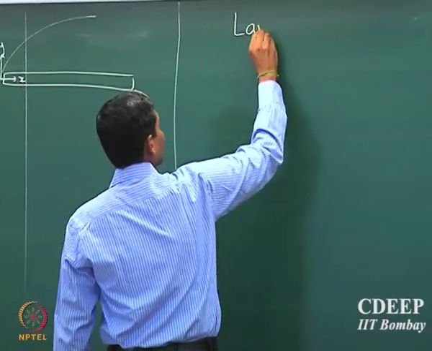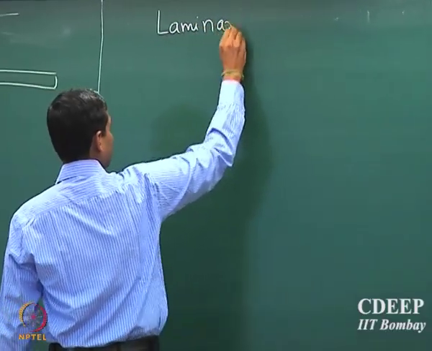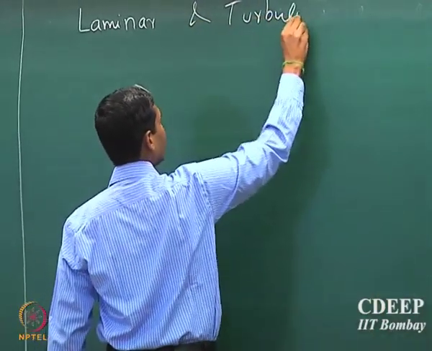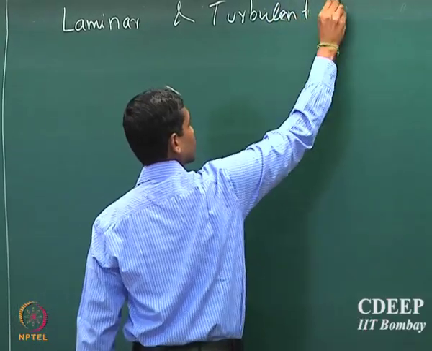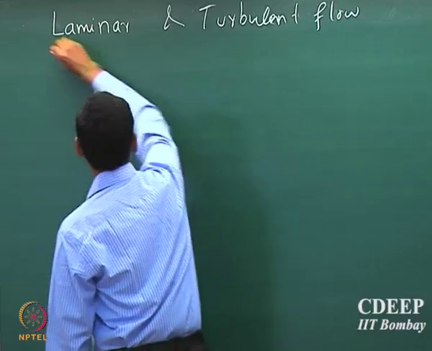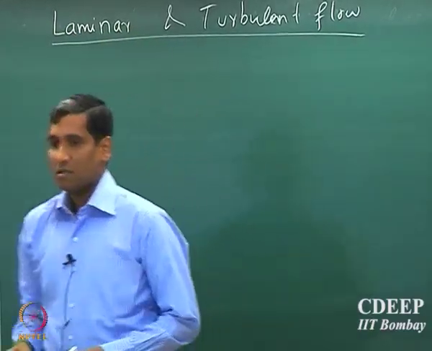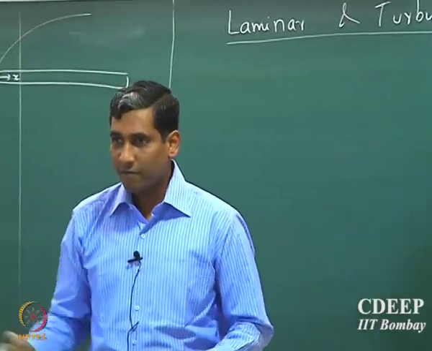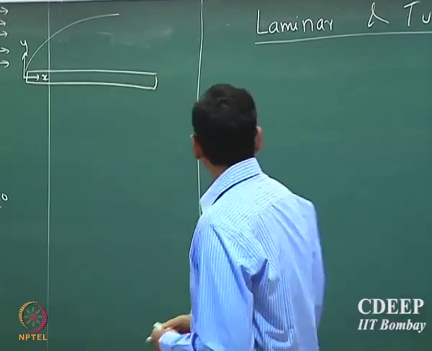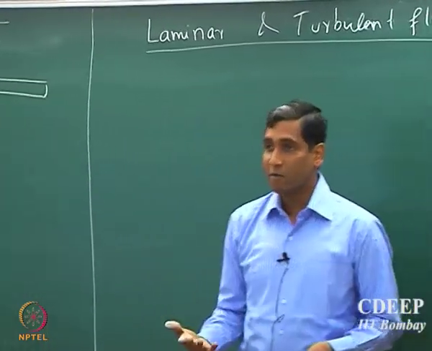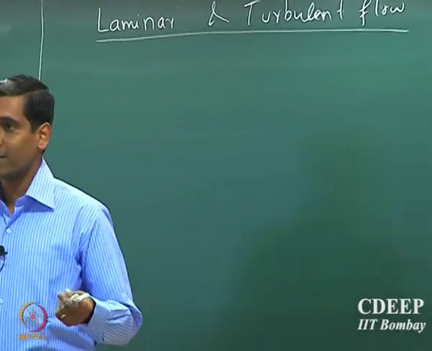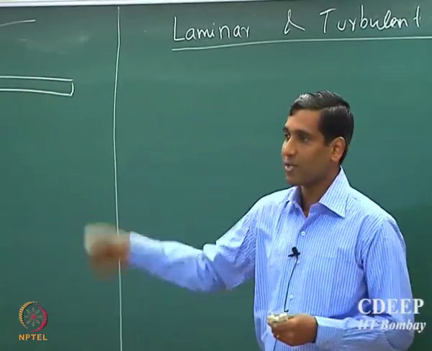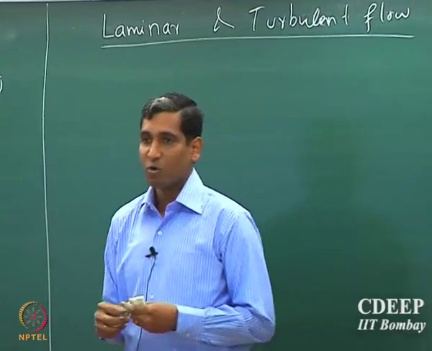So there are two classes of flow types called laminar and turbulent flow. These are the two different natures of flow of a fluid. Laminar flow is an ordered flow where things flow in streamlines, and turbulent flow is where there are fluctuations and cross mixing of fluid particles, so there is no streamline flow.